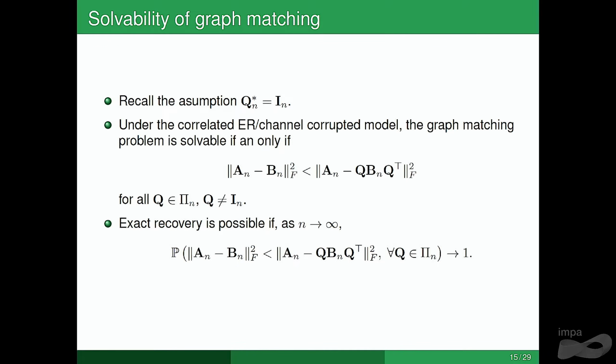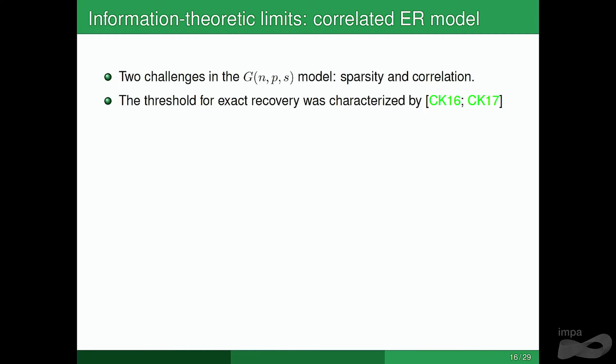So exact recovery is going to be possible as long as the probability of this event happening converges to 1 as n goes to infinity. That is, the probability that the loss function on the identity is smaller than the loss function for all possible permutations Q different than the identity. That's the condition that we need to check for exact recovery.